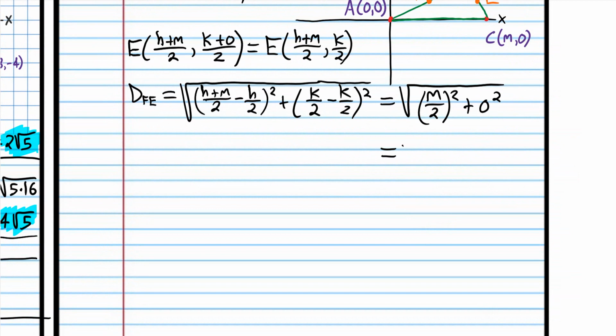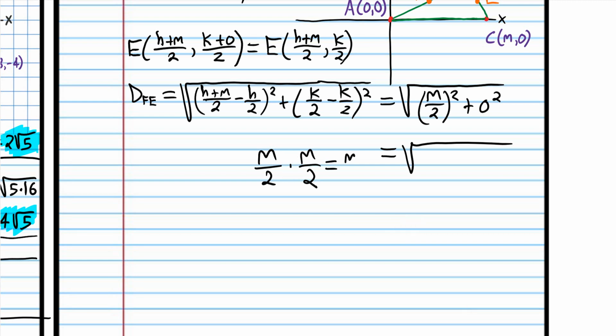Now this is the part where students are really going to get angry. They're going to think, I've never seen this before. We'll probably go over this more in the intermediate algebra course, but this is really easy. It's just m over 2 times m over 2. We learned that in my pre-algebra course. When you multiply fractions, you just multiply straight across.